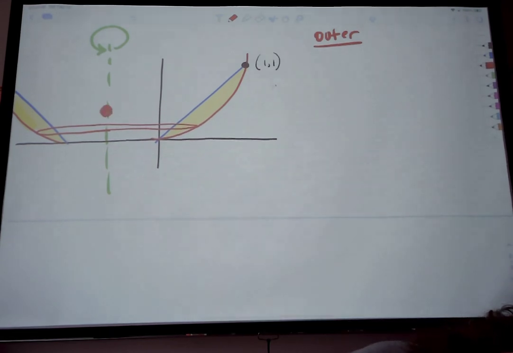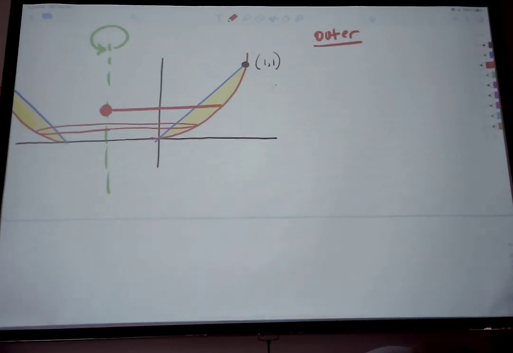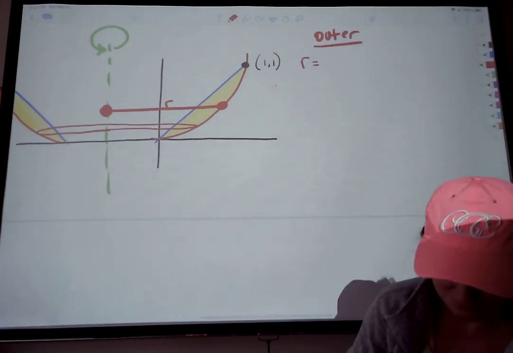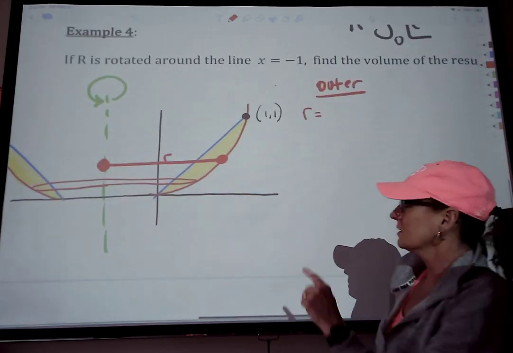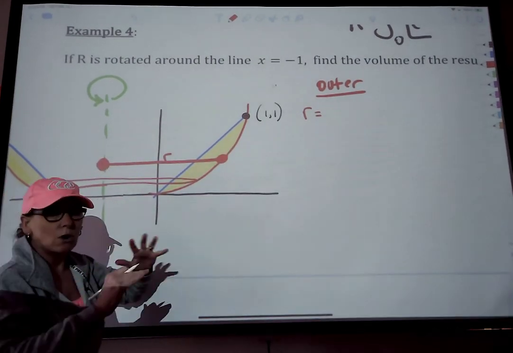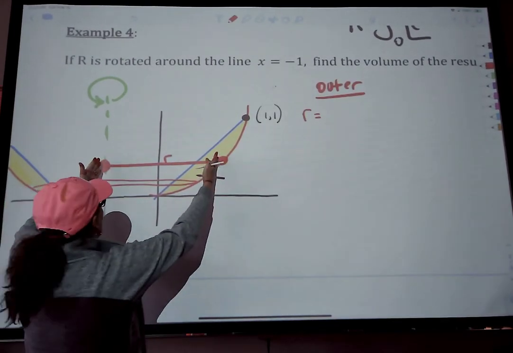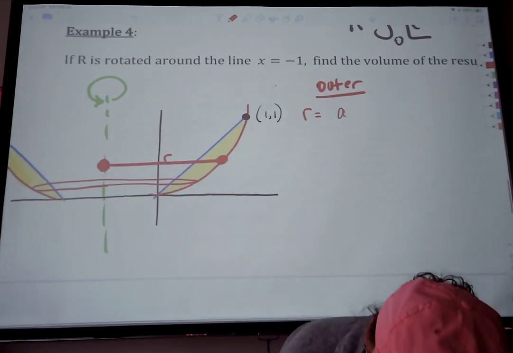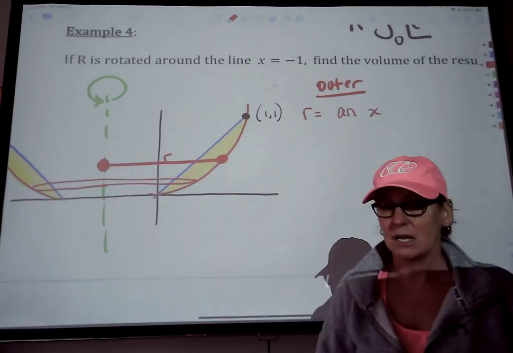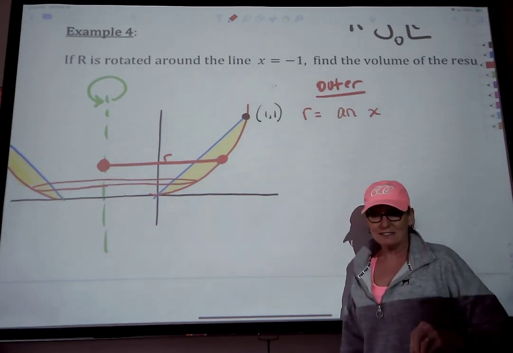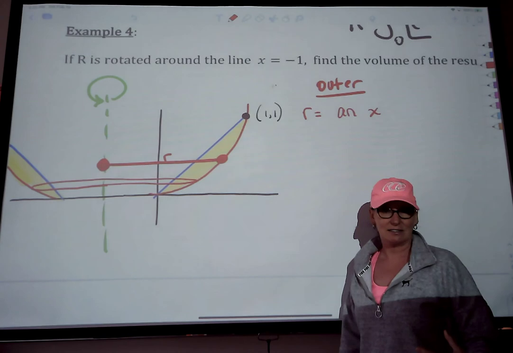So my red radius looks like this. Radius goes from the center of the revolution to the function. What do you want to call it? It is a horizontal measurement. I would like to call it an x value. An x. I'm not going to call it the x though, because one of its endpoints is not on an axis.